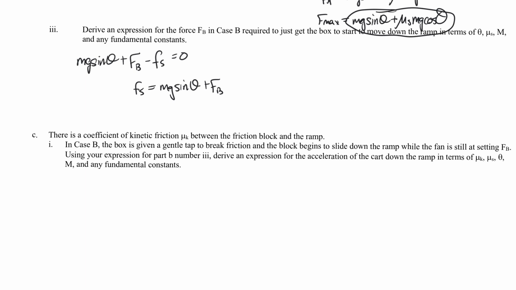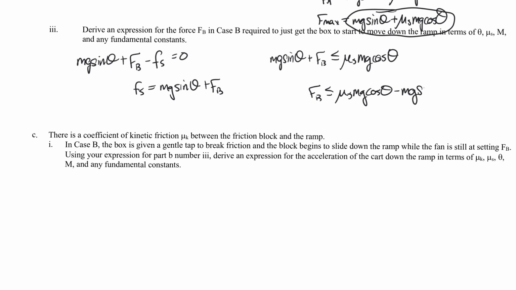Just doing the same problem a third time. So mg sine theta plus FB has to be less than or equal to mu s mg cosine theta. So FB less than or equal to mu s mg cosine theta minus mg sine theta.